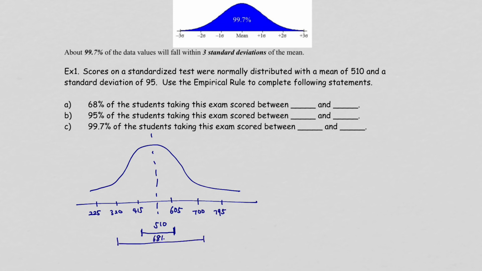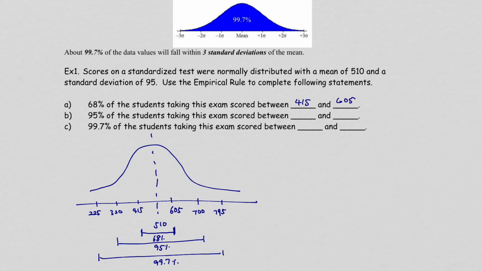And the second standard deviation is 95%, right? The third standard deviation is going to be 99.7%.